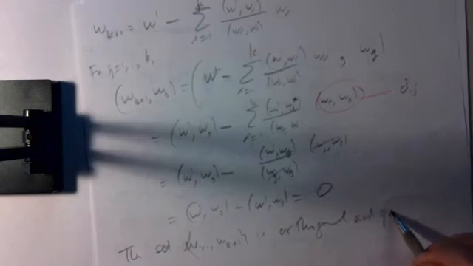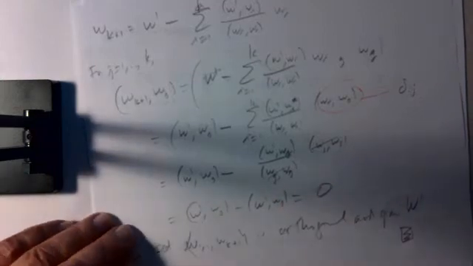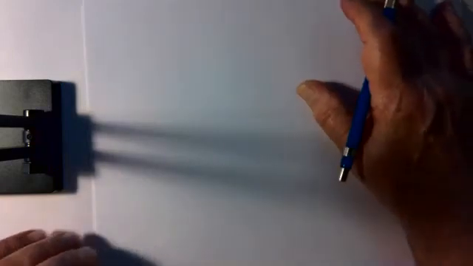So this set is orthogonal and spans w prime. That's what I wanted to prove. And this teaches us how to construct an orthogonal basis for a vector space once we have a basis for the vector space.